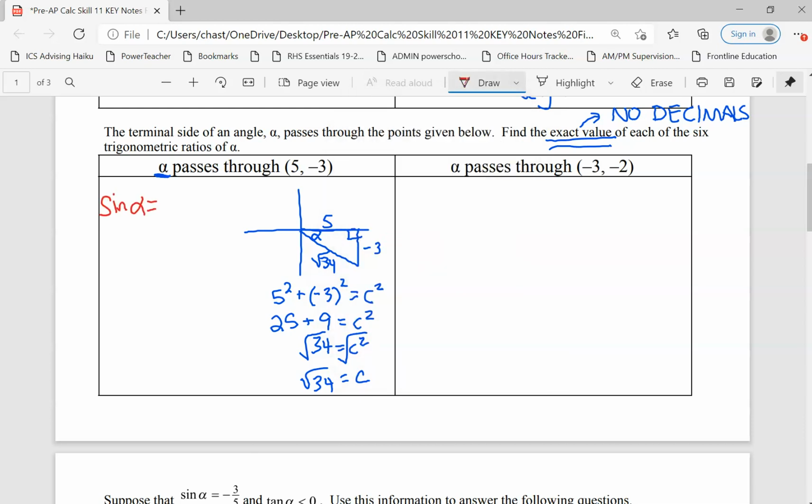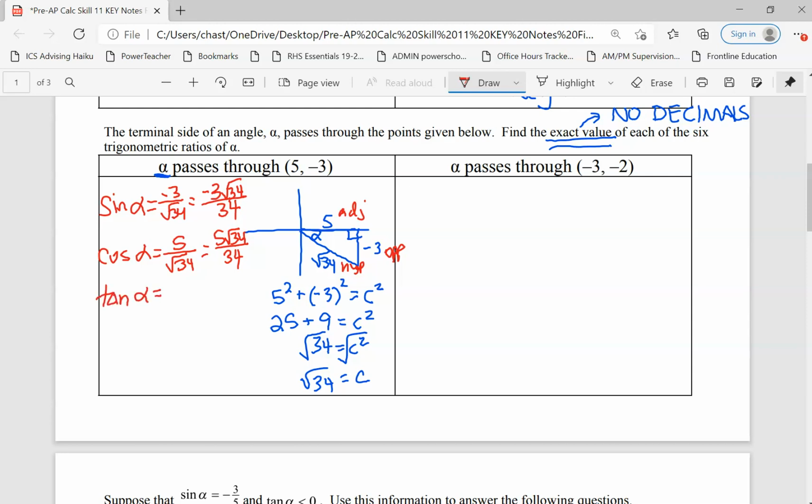Sine alpha is going to be our opposite over our hypotenuse, so negative 3 over radical 34, which is the same as negative 3 radical 34 over 34. Cosine of alpha is going to be our adjacent side over the hypotenuse, so it'll be 5 over radical 34, which is 5 radical 34 over 34.